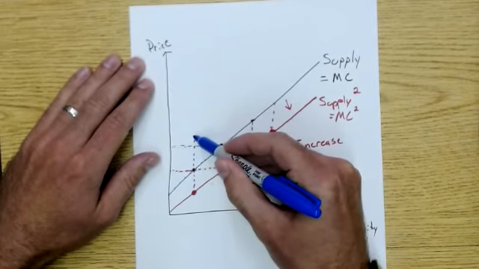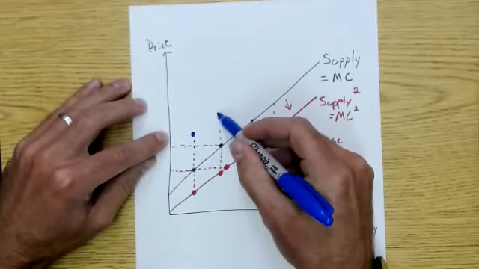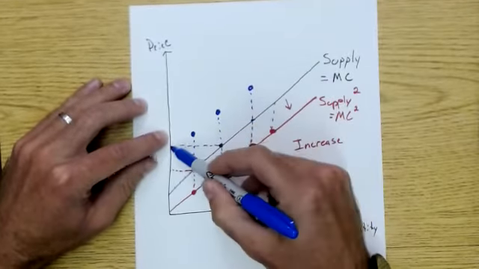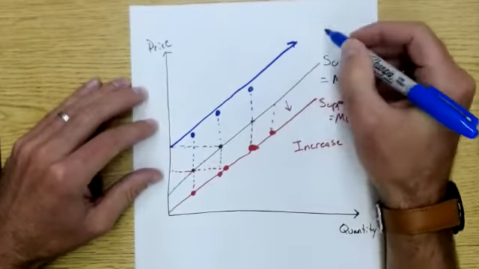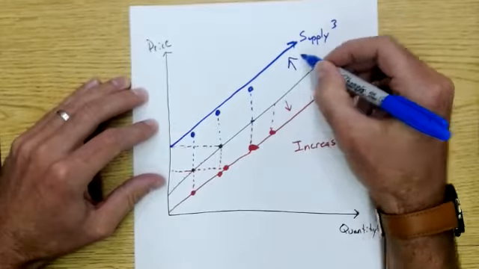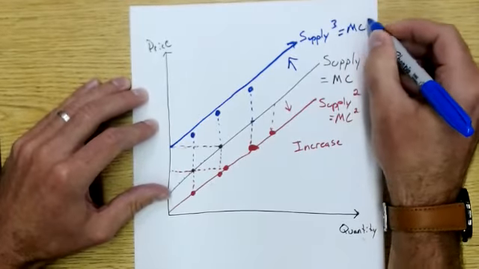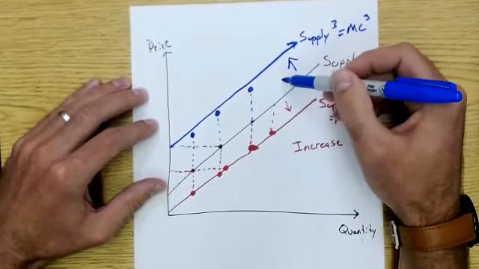If I want to provide this quantity, it's going to cost me more. This quantity is going to cost me more. I missed my dots there, but you can get the idea. If we saw an increase in my marginal cost or in my input prices, I would then see a supply decrease.